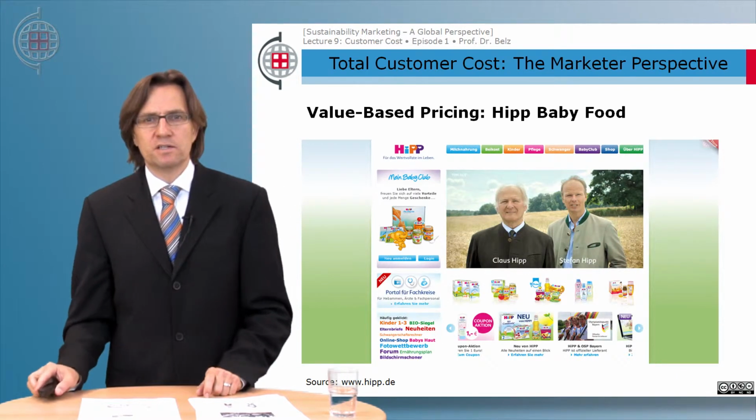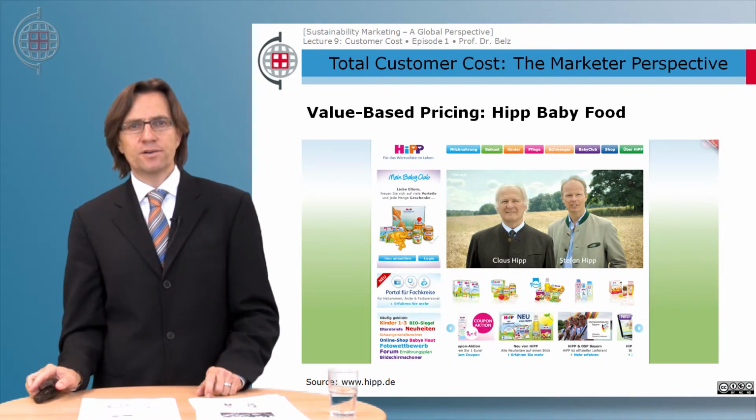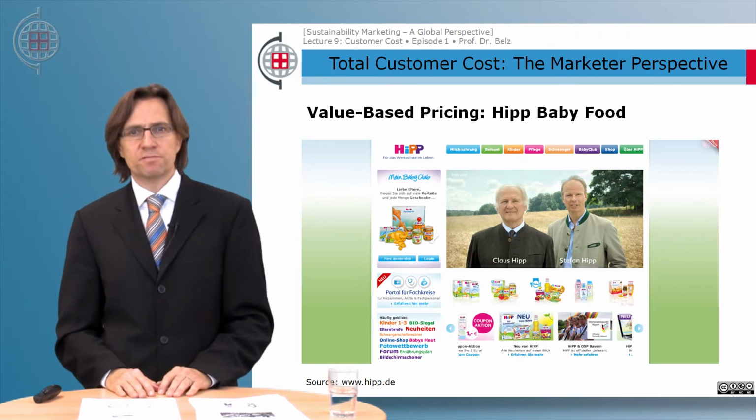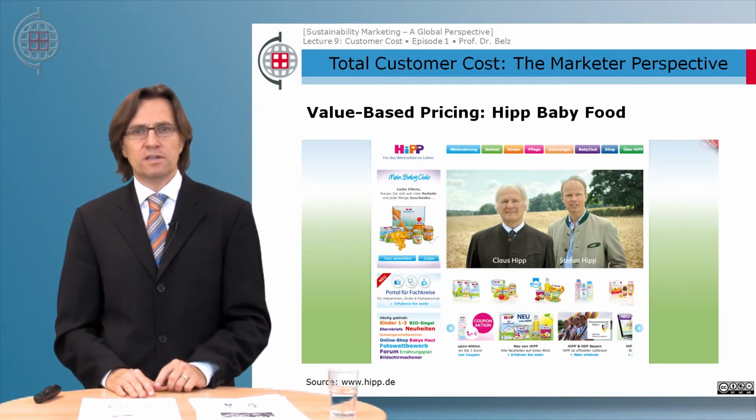Let's have a look at organic food. A good example for value-based pricing is Hipp baby food. Here you see the two family members who are CEOs of the companies.